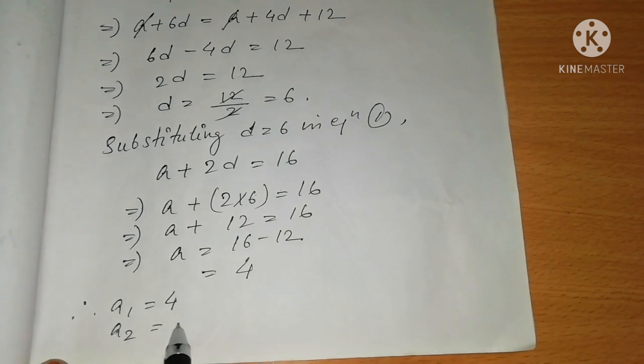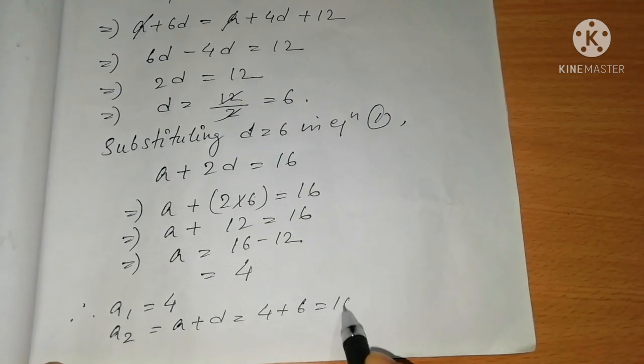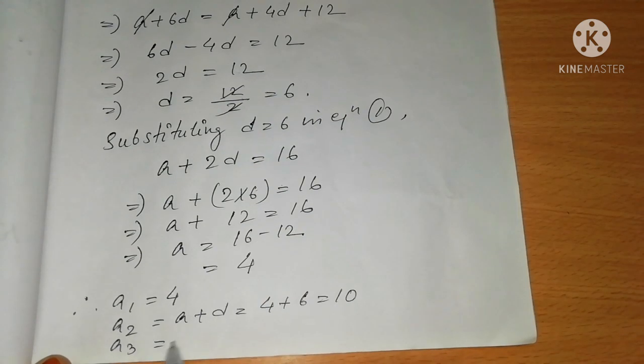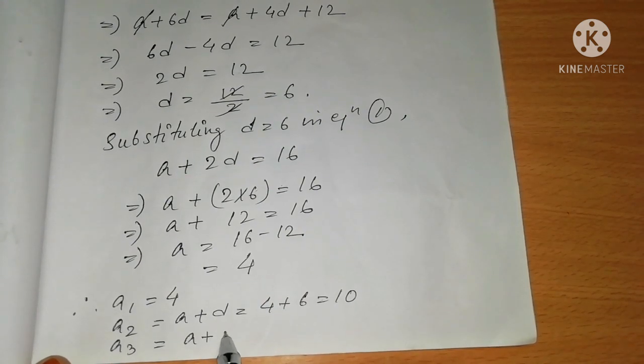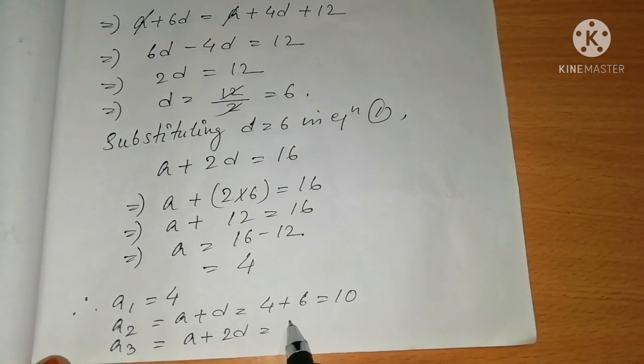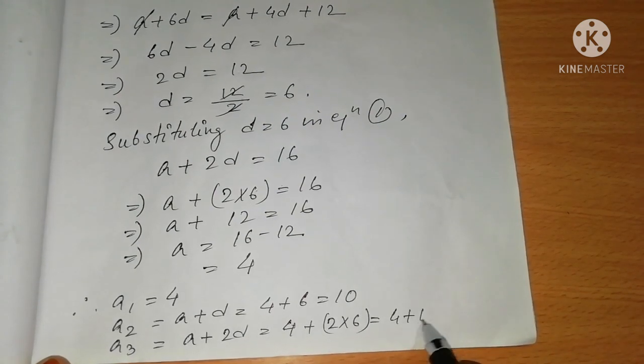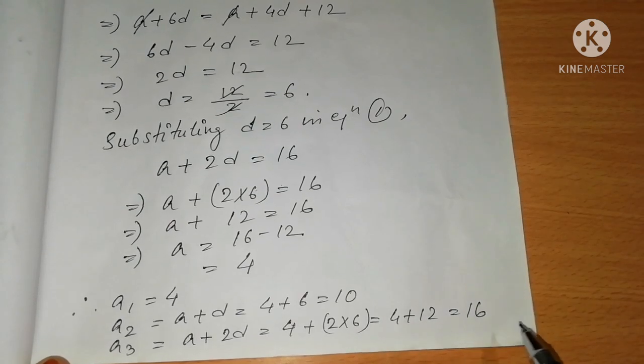Second term, that means a plus d, which means 4 plus 6, which is equal to 10. Third term, a plus 2d, which is given here in the question itself, but we'll try to find out. 4 plus 2 into 6, 4 plus 12 equal to 16.